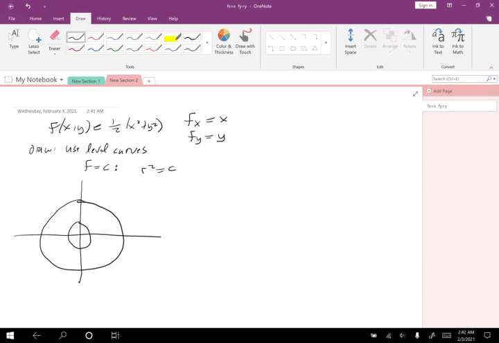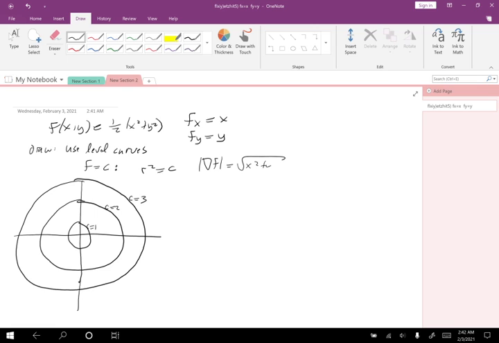So I'll just draw a couple of these constant radii, and so c equals 1, for example, c equals 2, c equals 3, not to scale, of course. Then to get a feel for what the length is, well, the length of that gradient is really just the square root of x squared plus y squared, so it's r, right?